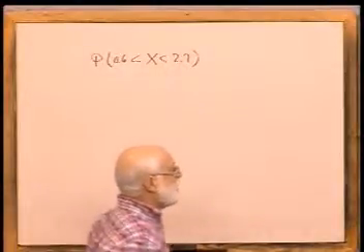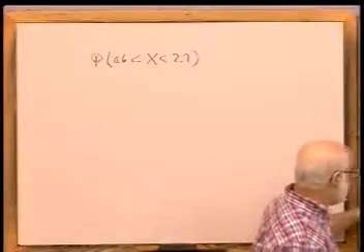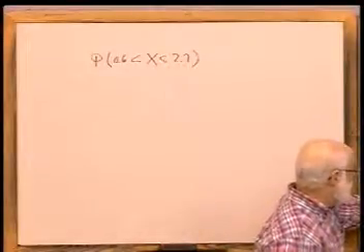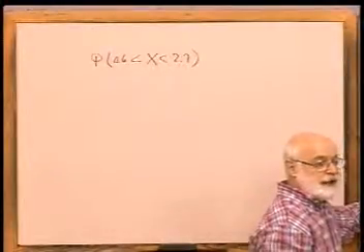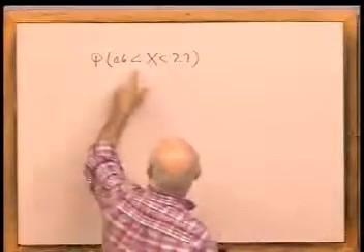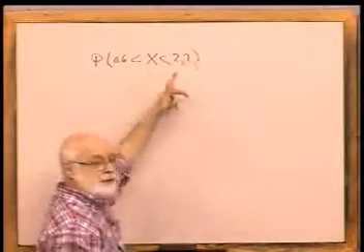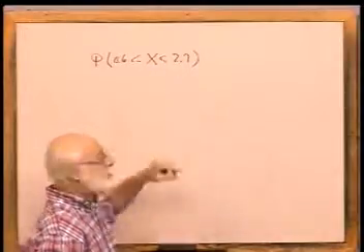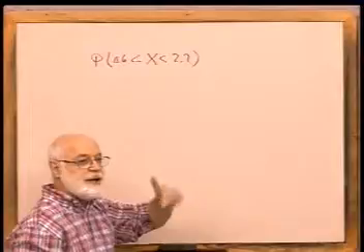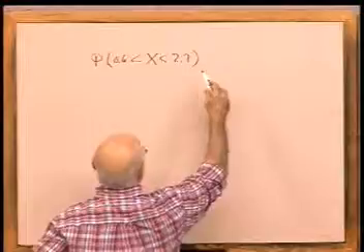When I'm calculating a probability, I'm simply adding up these values, and when I take the integral at a point, that's just an infinitesimal amount, or zero. So it doesn't matter whether I put the equal signs in, because the probability that x equals any specific point is zero, unless the random variable is discrete, and then it may have a positive probability. If it's continuous, the probability of equaling any specific value is zero, no matter what the density function is.